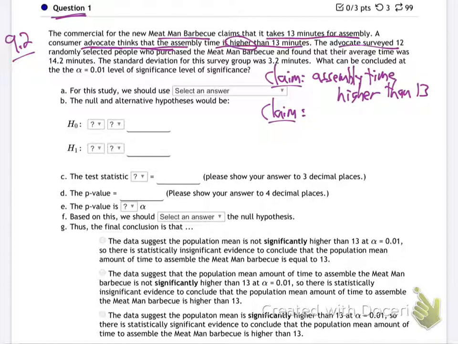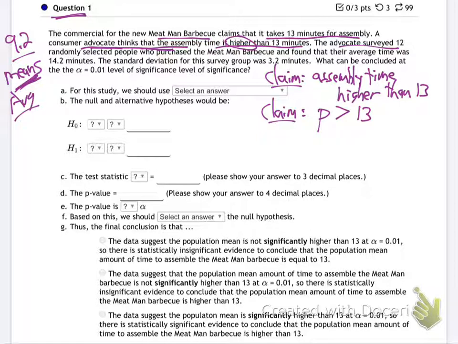Now, we're not going to use P here because this is not a percentage. Notice there's no percentages. That's what this section 9.2 is all about. It's all about means, not percentages. So we're talking about the mean, the average time to set up the brand new barbecue. It's higher than 13.